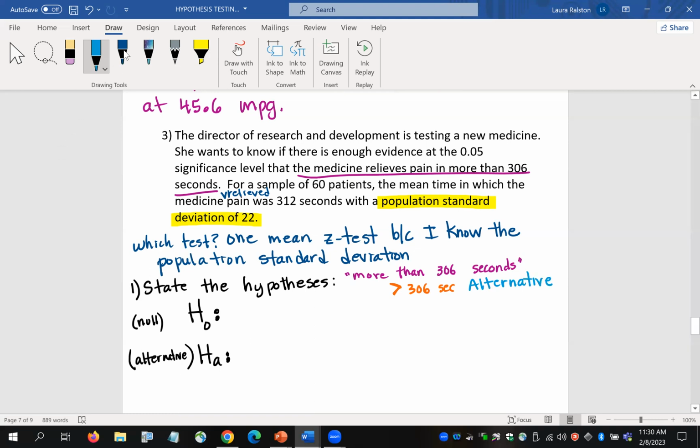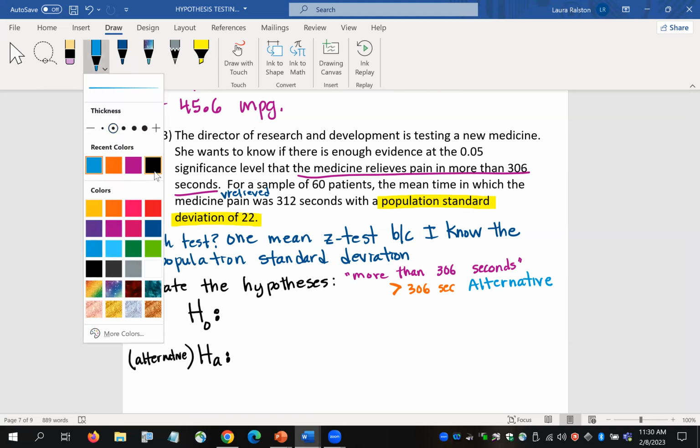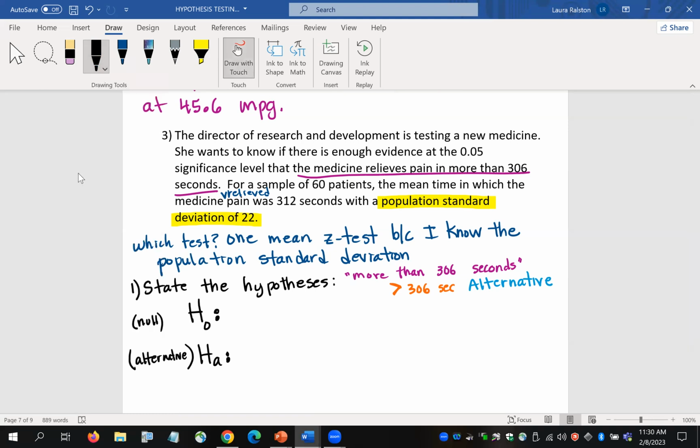So my alternative hypothesis here is that my mean is more than 306 seconds. That's the one that's given. I can then figure out the null, because I know that the null is the exact opposite.